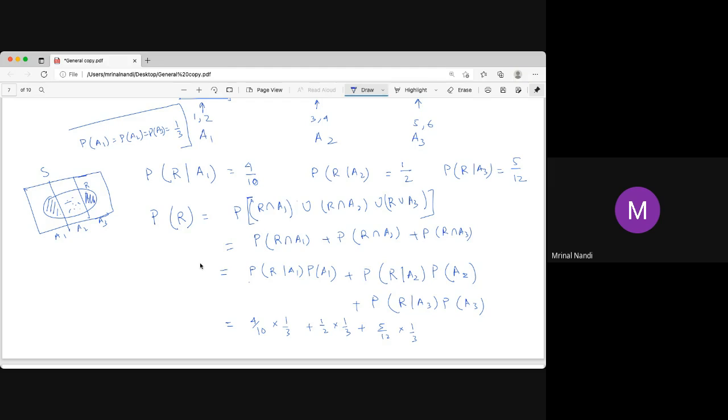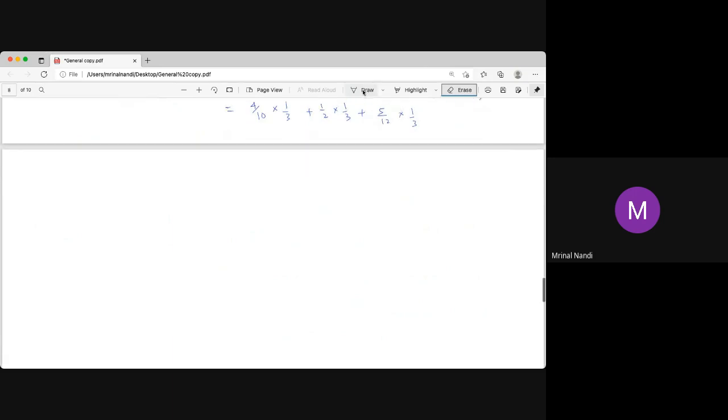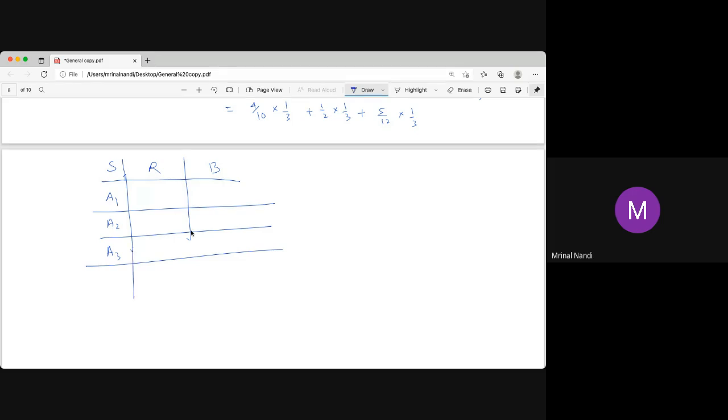Actually, there are 2 different arrays there. The whole scenario is broken into two different ways. The whole S breaks into 2 ways. One way it is just red or blue, and the other way it is A1, A2, A3: the first box, second box, third box. Each is a whole sample space, broken in this way and in that way.